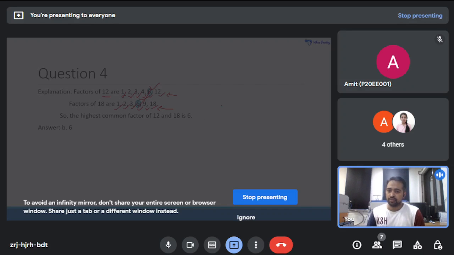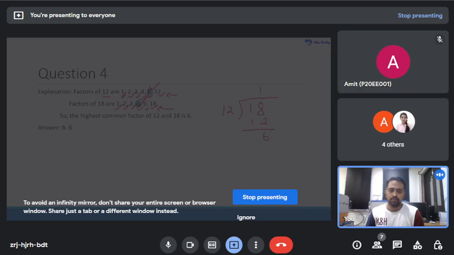Or there is another way, what we do is that we take the smaller number and the larger number. You must be remembering something like division, where we divide the larger number by the smaller number, and we get that it is divisible by 1 time. The remainder is 6.